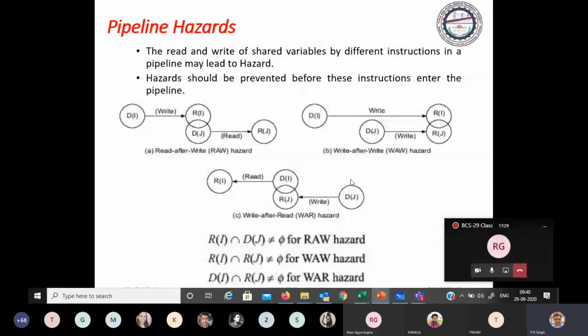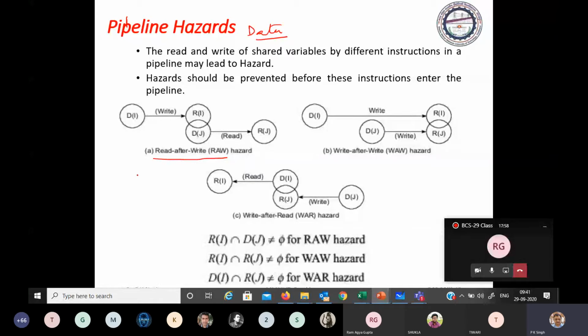Now come to the next. See, in pipeline hazards, we have discussed the data hazard due to the data flow. You have gone through this. One hazard is read after write. What does it mean?